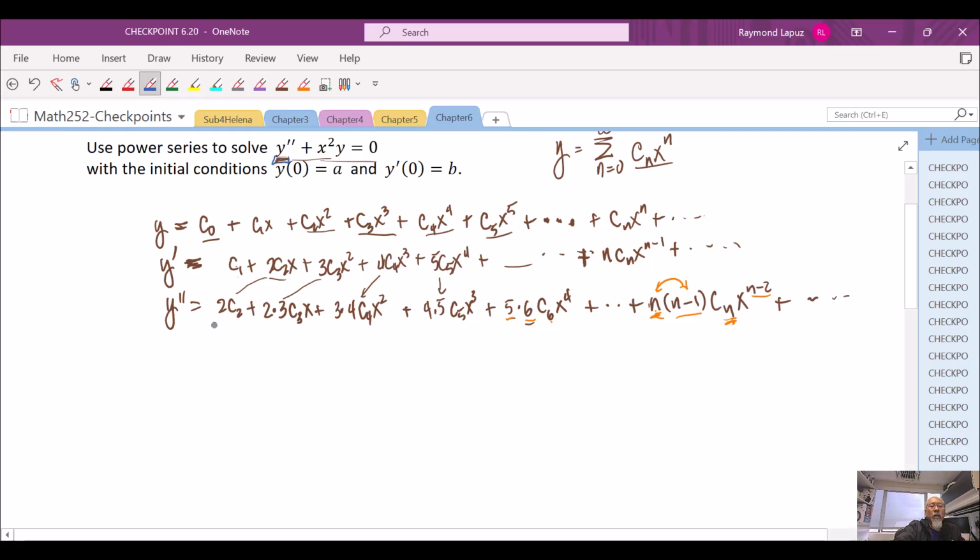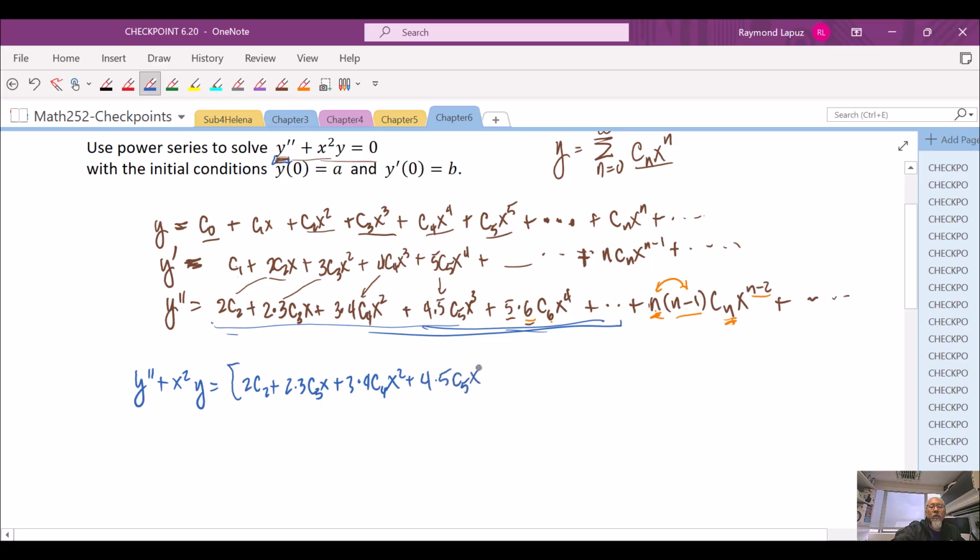We have y double prime. I'm going to pick up as much as I can here, just put this much into the first derivative. So y double prime plus x squared y will equal, this is y double prime right here, 2c sub 2 plus 2 times 3c sub 3 x plus 3 times 4c sub 4 x squared plus 4 times 5c sub 5 x to the third.